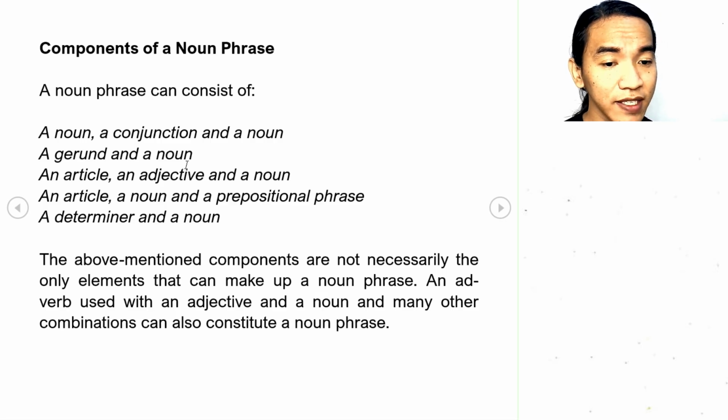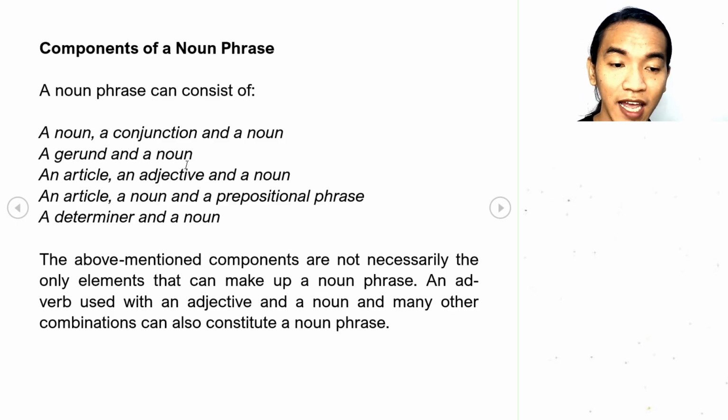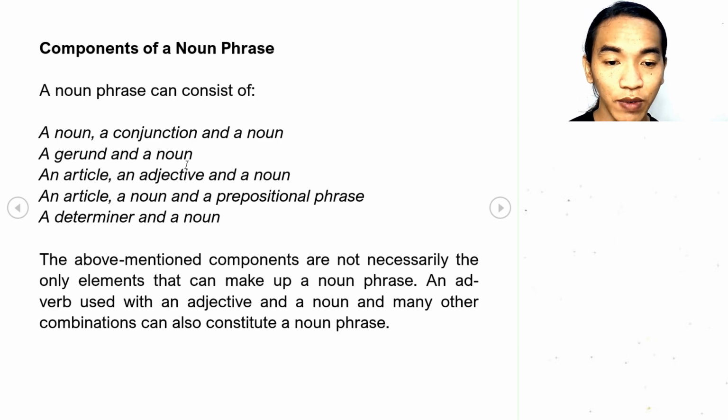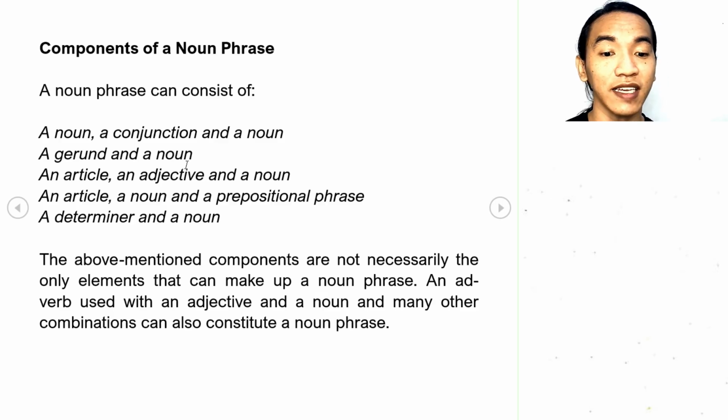A noun phrase can consist of, but not limited to, a noun, a conjunction, and another noun. Okay, that's one component. Next one, a gerund and a noun, an article, adjective, and a noun, an article, a noun, and a prepositional phrase, a determiner, and a noun.